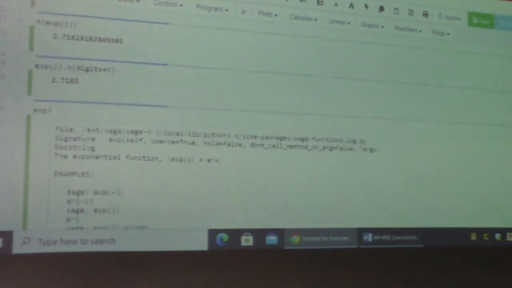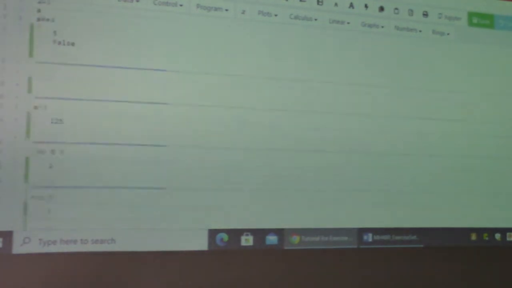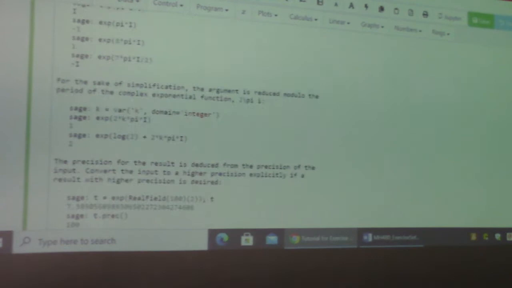Let's see if I can make a function of x and y.